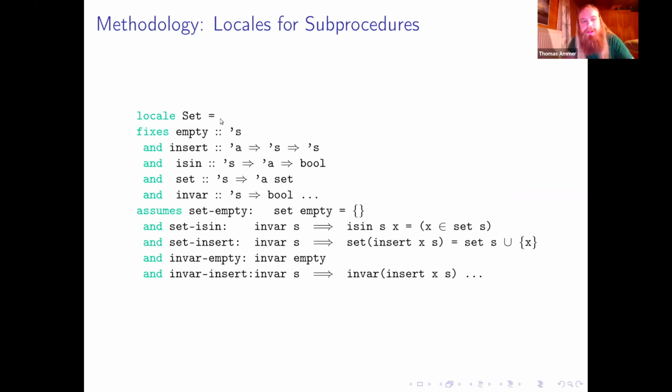So that's a locale that specifies the behavior of sets. That's taken from the standard Isabelle distribution. What we have, for example, is an insertion function that has a specific type, and it has certain properties. And this single statement specifies how a good set implementation should behave. Then in the body of the context, we can use those properties.